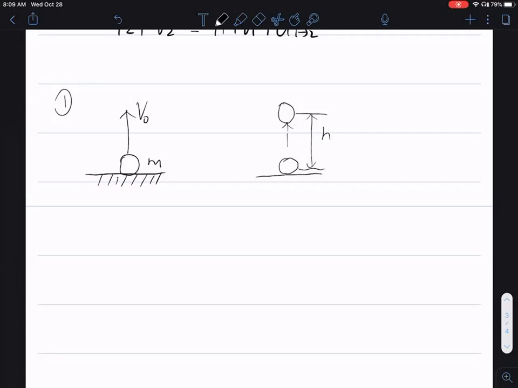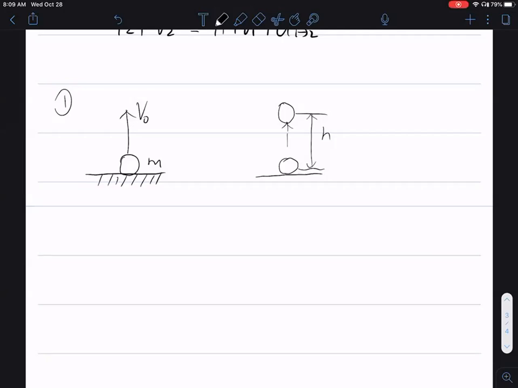If we don't have a ball, but imagine you grab a ball and just throw it into the air. Do we have a force pulling the ball all the way up? Let me throw my pen.